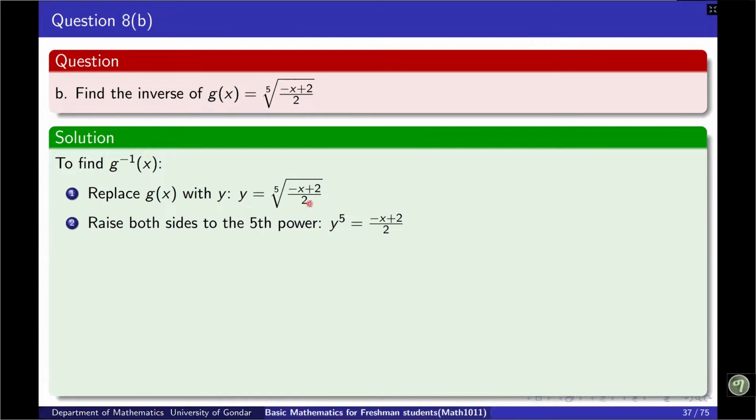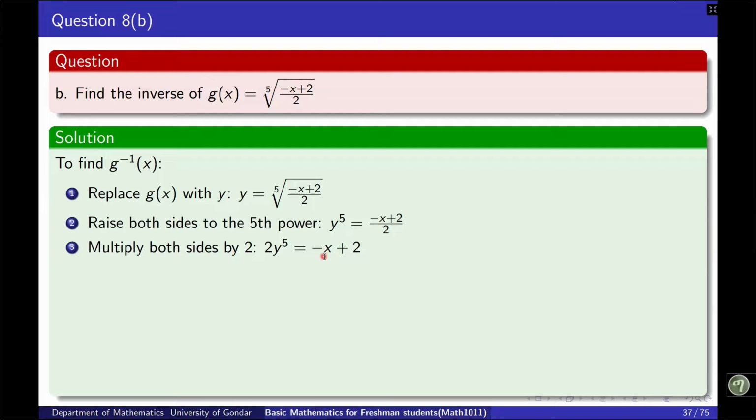Then raising to the power of 5, y to the power of 5 is equal to minus x plus 2 over 2. Multiply both sides by 2, just to make the denominator 1. We have 2 times y to the power of 5 is equal to minus x plus 2.